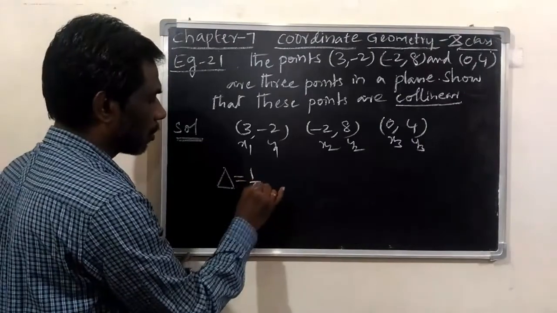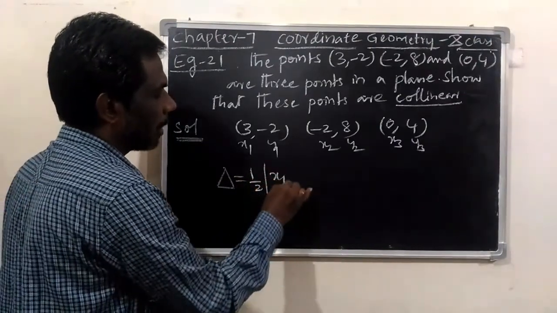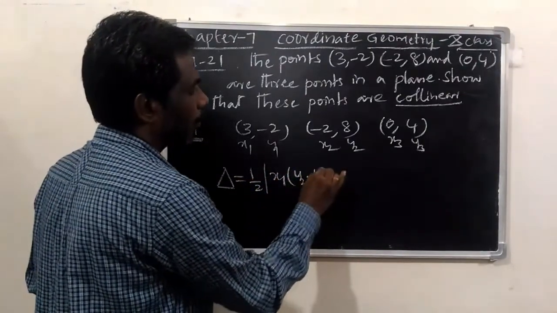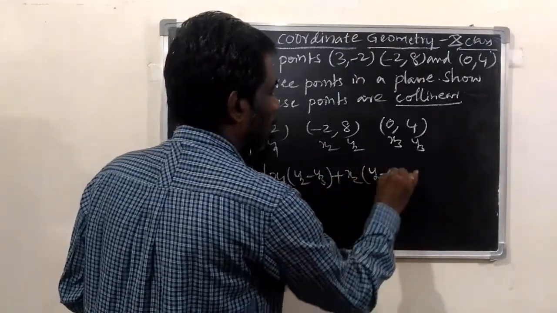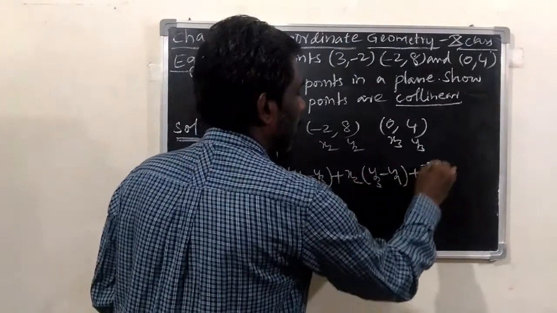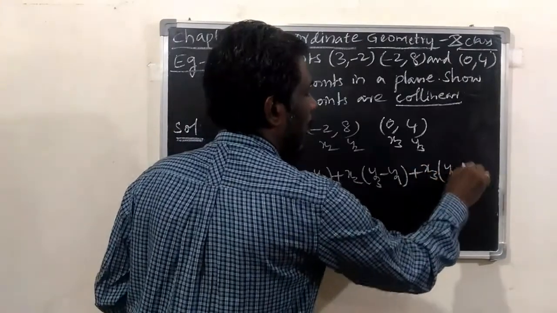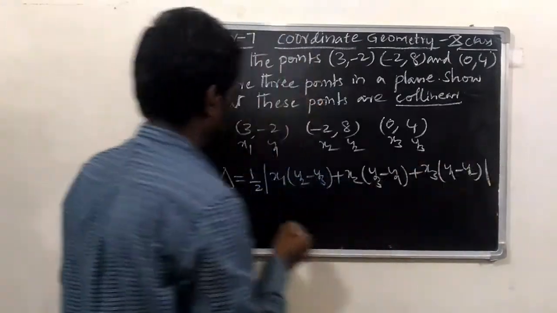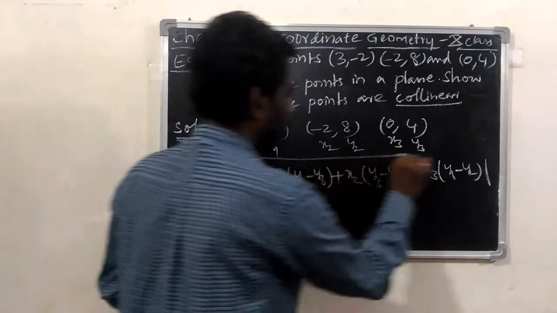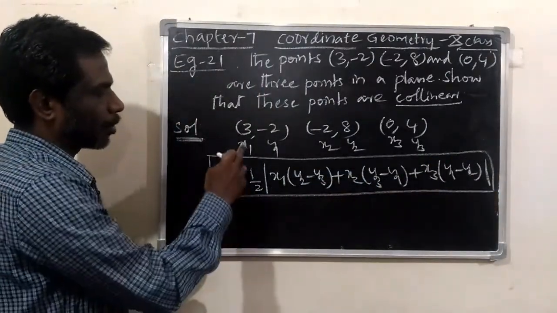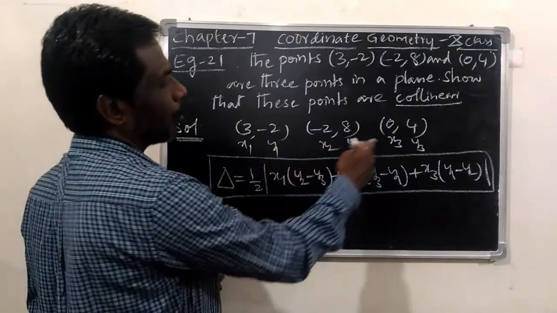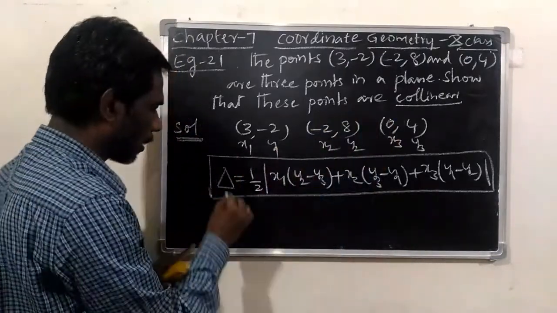Delta equals half mod of x1 into (y2 minus y3) plus x2 into (y3 minus y1) plus x3 into (y1 minus y2), and make it a box because it is a formula.